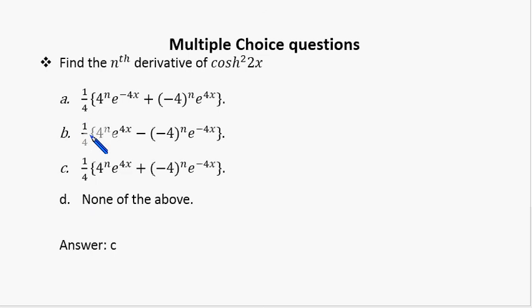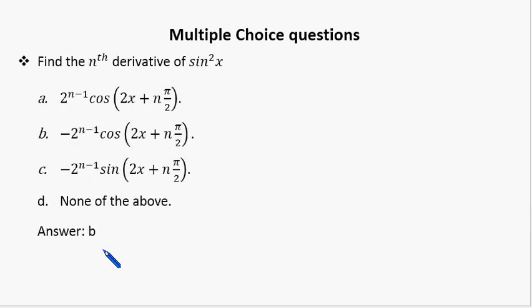Option B, 1 by 4 into 4 to the power of n into e power 4x minus (4) whole to the power of n into e power minus 4x. Option C, 1 by 4 times 4 to the power of n into e power 4x plus (minus 4) to the power of n into e power minus 4x. Option D is none of the above. That means the answer is C.